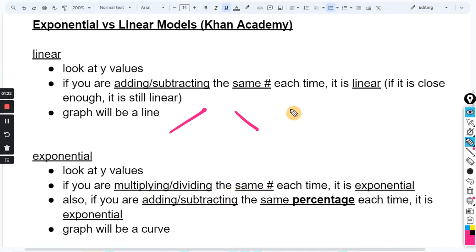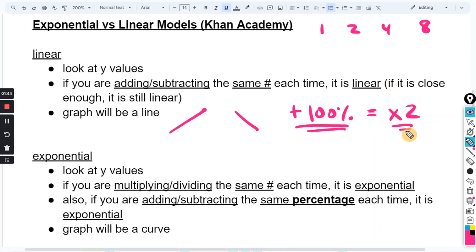Just as an example, if you keep adding 100% to something, that's going to be the same as multiplying by 2. All right, if you start with 1 and add 100%, that's going to be 2. If you add 100%, that's going to be 4. Add 100%, that's going to be 8. So if you add the same percentage, it's really the same as multiplying by the same number.